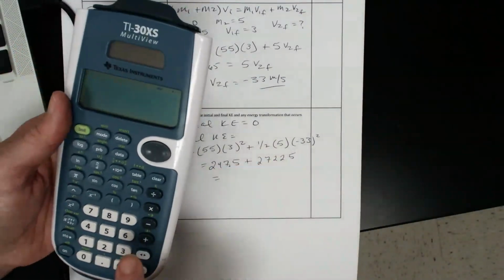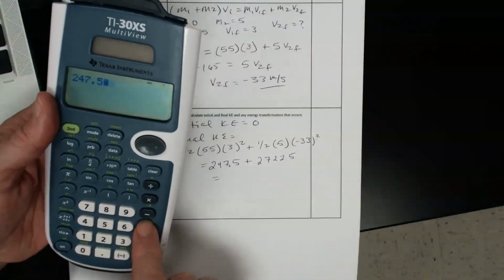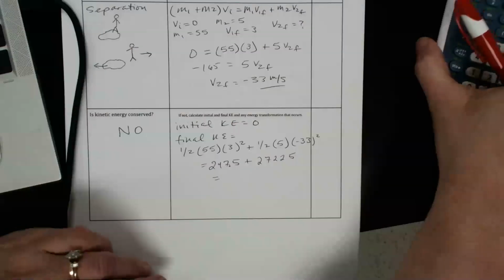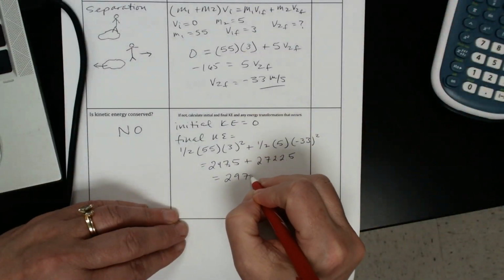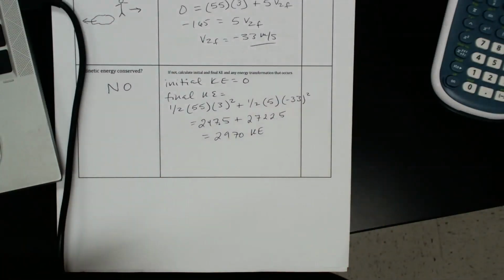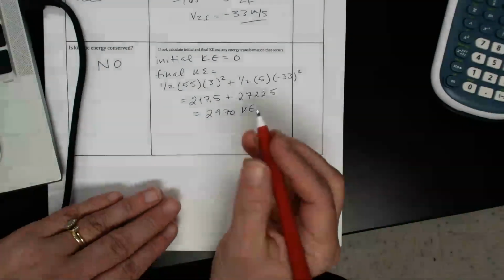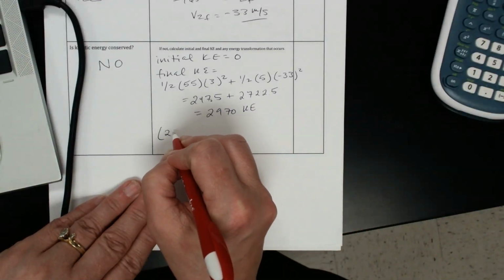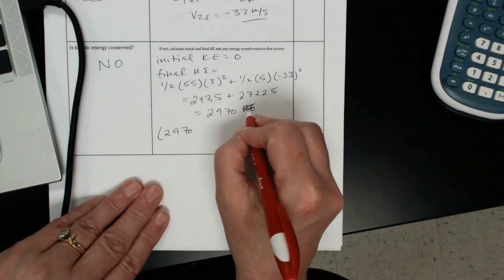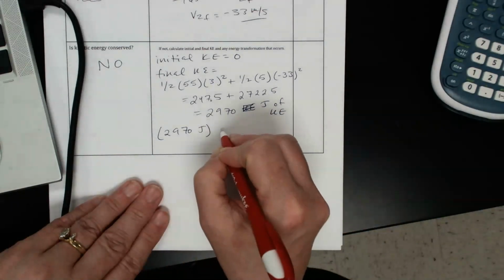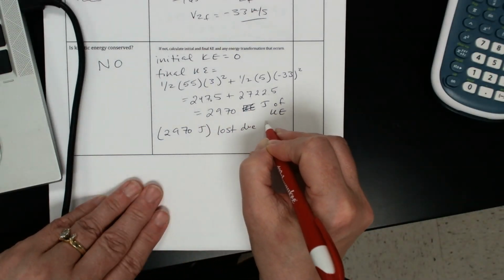So that gives me a final kinetic energy of 247.5 plus 2722.5, 2970 joules. So we picked up 2970 joules of kinetic energy. That means we had to have some kind of corresponding loss of energy, transformation of energy out of our system for energy to be conserved. So 2970 joules of KE was lost.